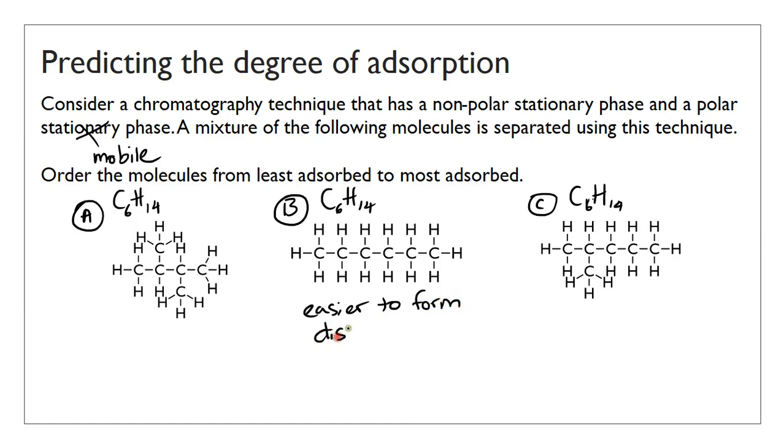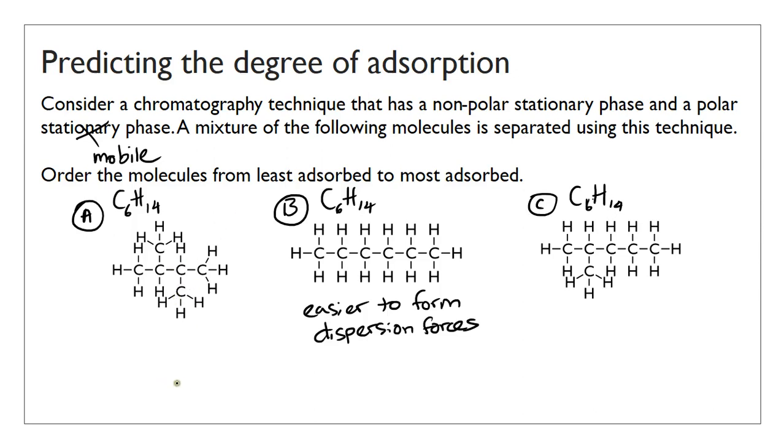The more branches a molecule has, the harder it is going to be to get close to the stationary phase and form dispersion forces. So in this case, A is going to be the one that is the least adsorbed because it has two branches, so it will be the most difficult to form strong dispersion forces with the stationary phase.